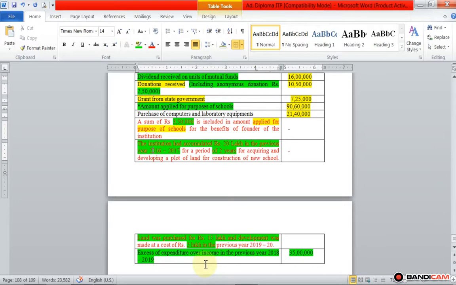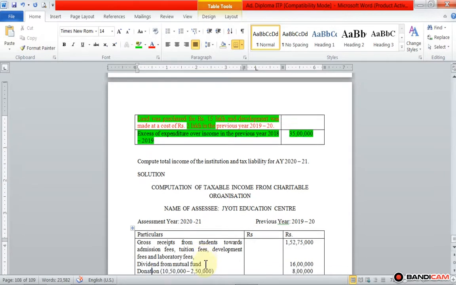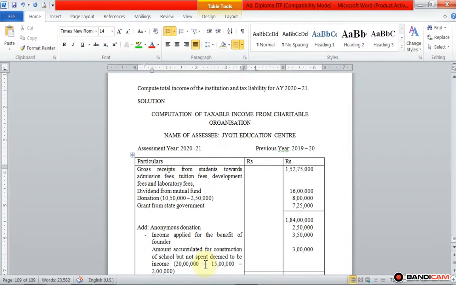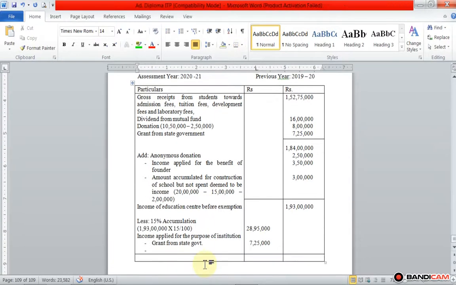So deduct this 3,50,000 and the remaining balance is applied for the purpose of charity, and this amount is allowed to deduct from the income of the charitable organization. So deduct this amount.